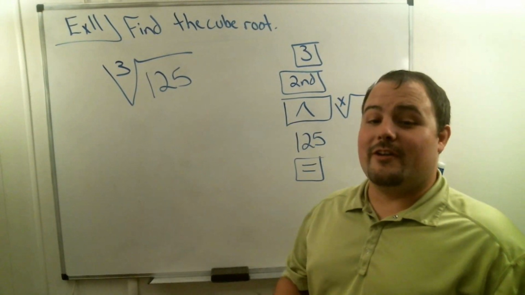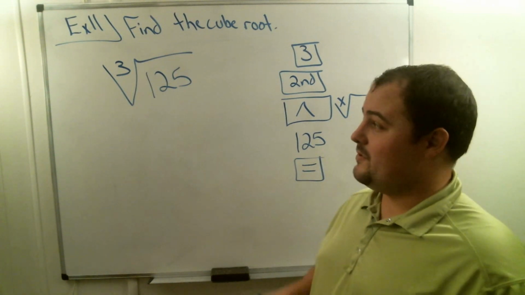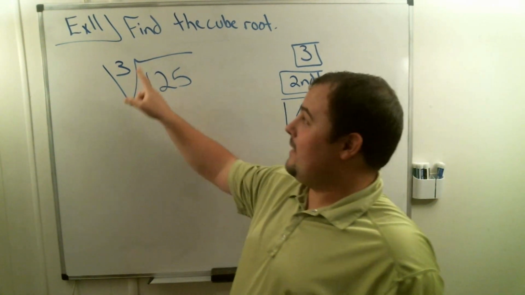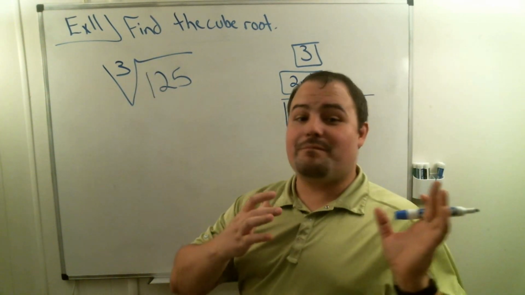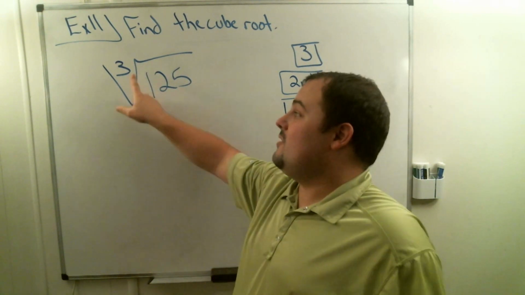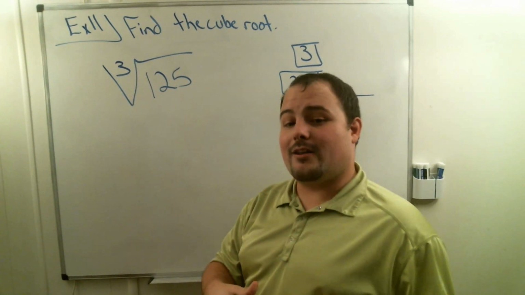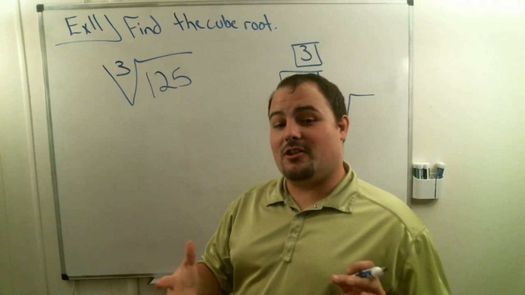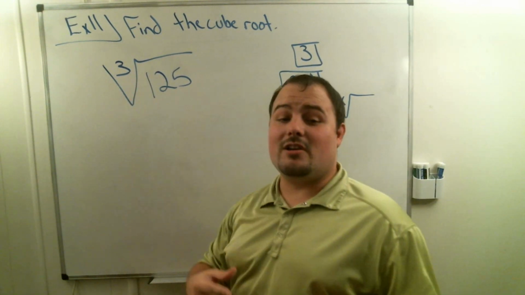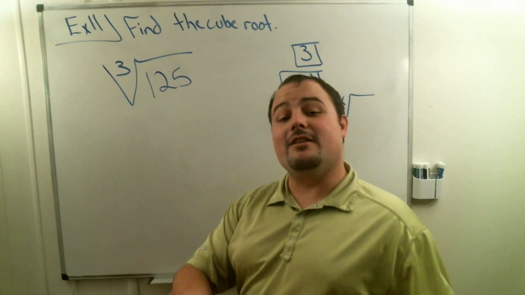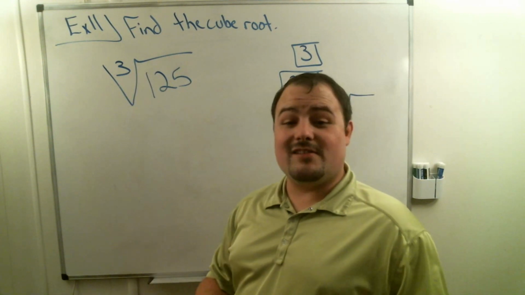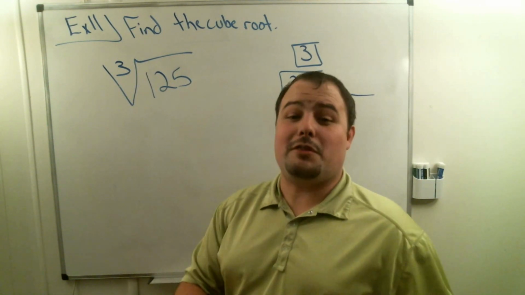Alright, example 11. I know we've done a lot of examples. What we're going to be doing is finding the cube root of different numbers. Now notice that there's a number 3 inside of our radical sign. That means we're going to take the cube root. If there was a 4 inside the radical sign, that means we'd be taking the 4th root. We could put a 5 inside the radical sign and even take the 5th root.